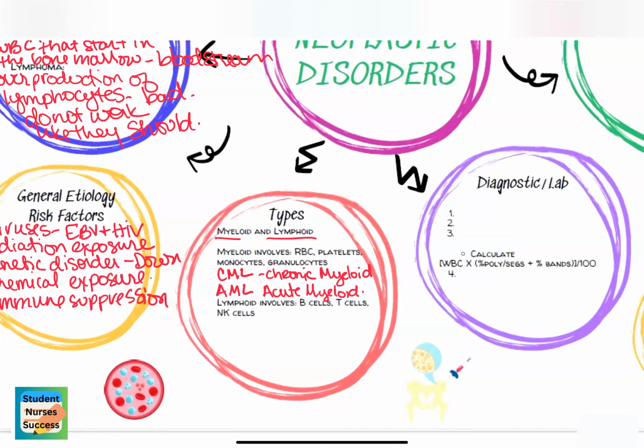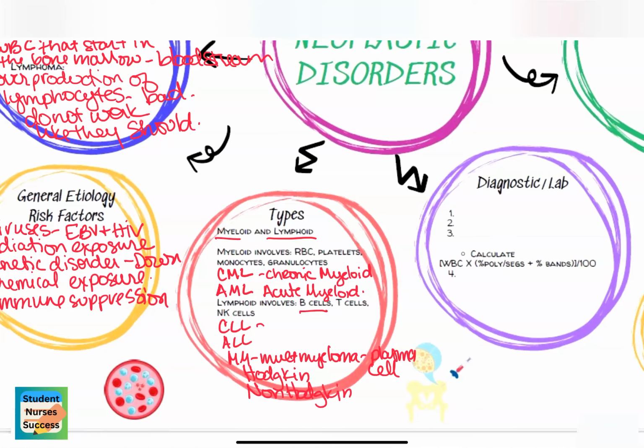The lymphoid category includes the overproduction of lymphoid cells. Most often, B cells tend to be the one that we see most commonly, but the others can also overproliferate. These white blood cell neoplastic disorders include CLL, ALL, multiple myeloma, and a lot of times this is actually called plasma cell myeloma, Hodgkin's, and non-Hodgkin's.